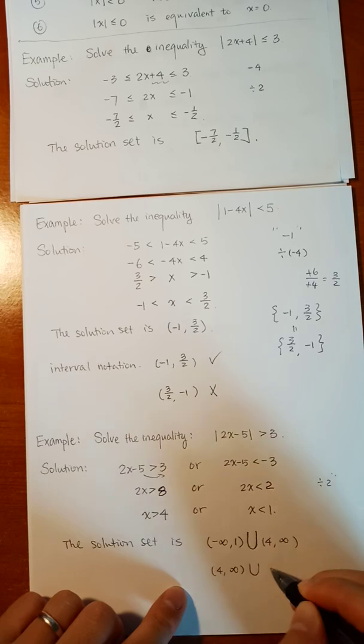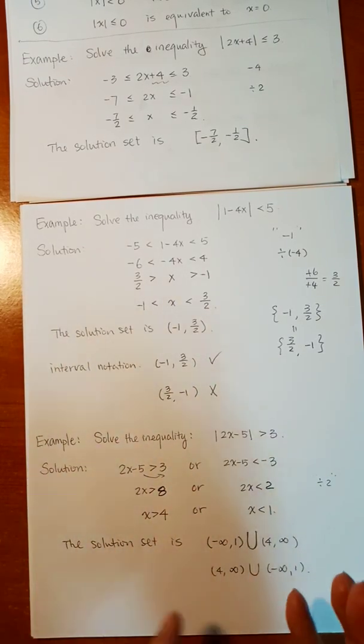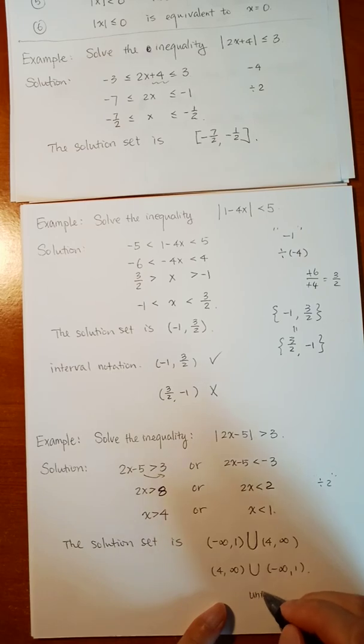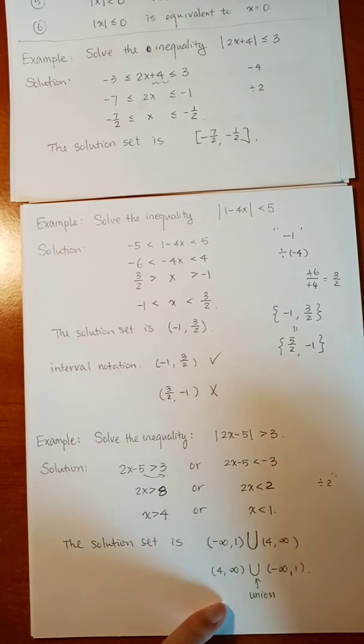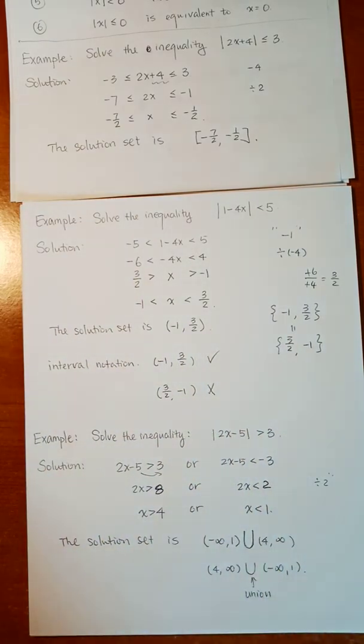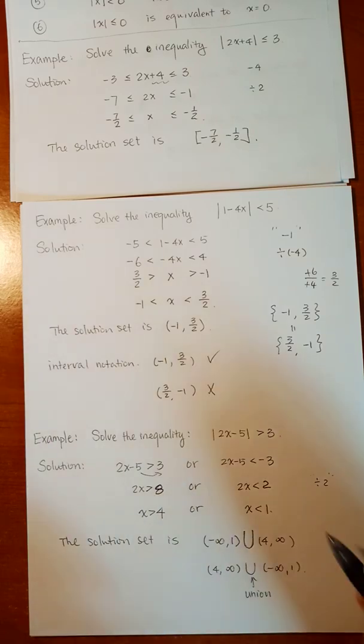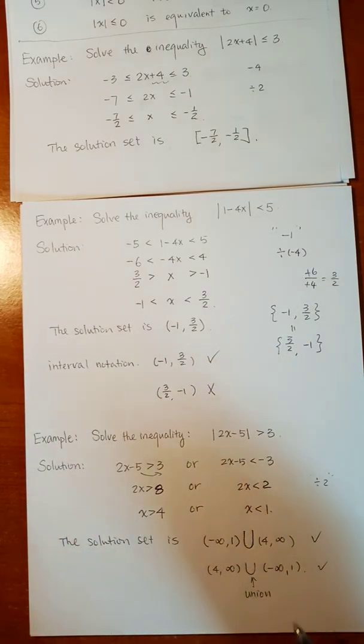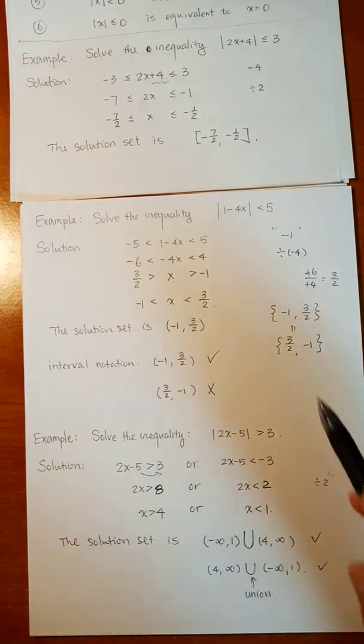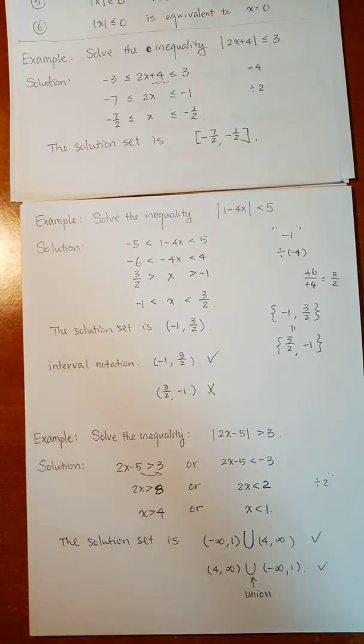This is called union. It doesn't matter which you write first. They're both correct. You don't worry about the order. But when you write an interval, you must write from the smaller number to the larger number.